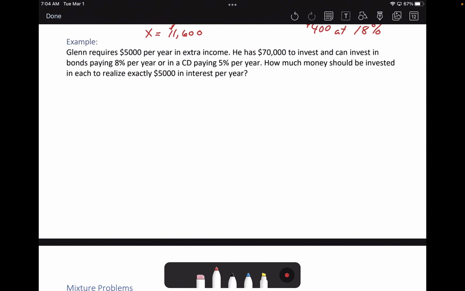Let's start again by identifying what we know nothing about. That will be our variable. So X, we don't know how much is in bonds. Amount in bonds. And remember, bonds are 8%. The other unknown is the amount in CDs.